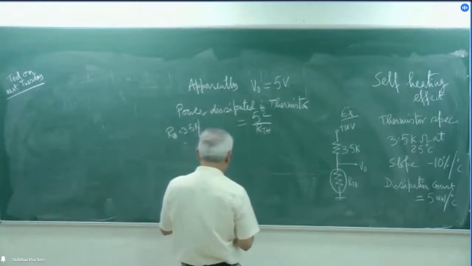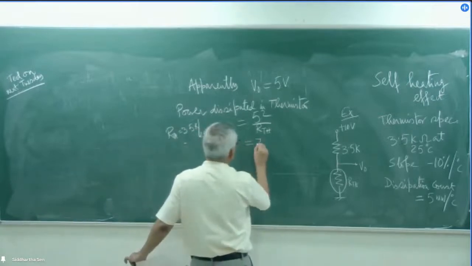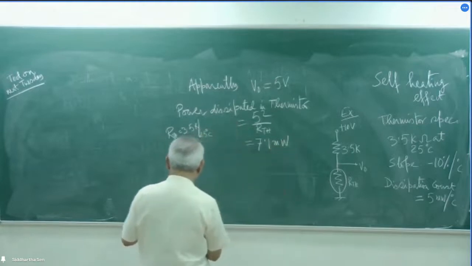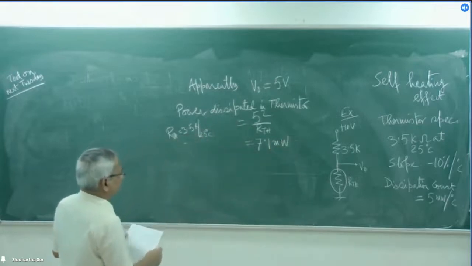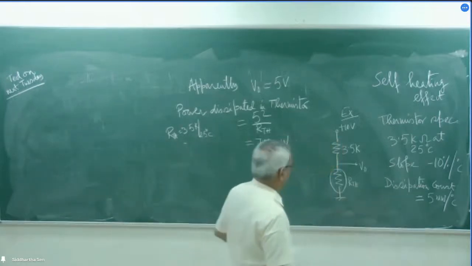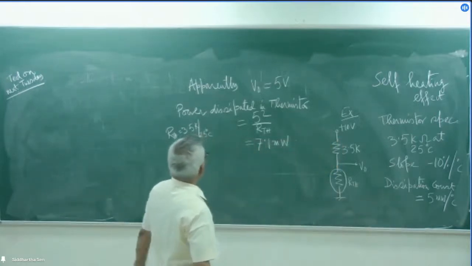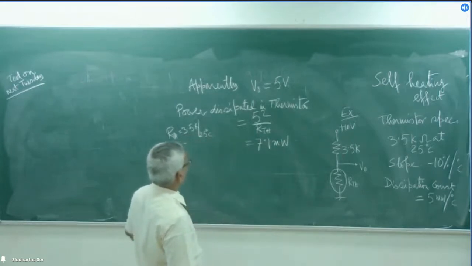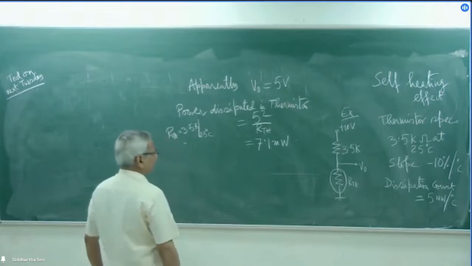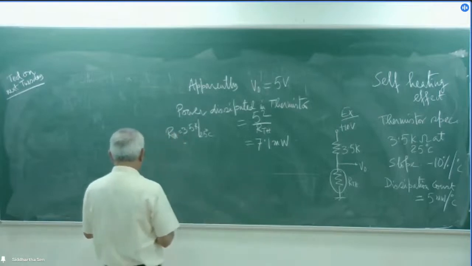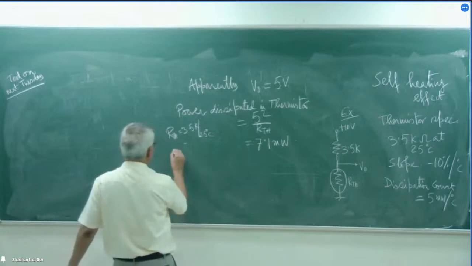This comes to be 7.1 milliwatt. Okay. So we can say the dissipation constant is 5 milliwatt, and here the power dissipated in the thermistor is 7.1 milliwatt. Definitely it is more than this one, so naturally there would be some temperature rise.